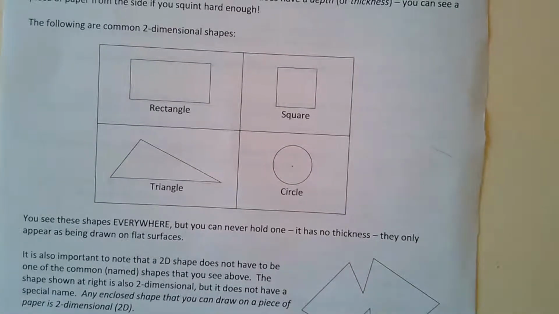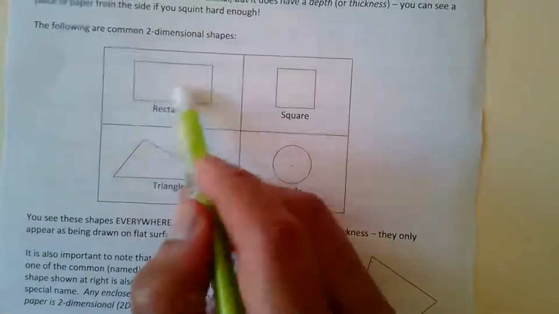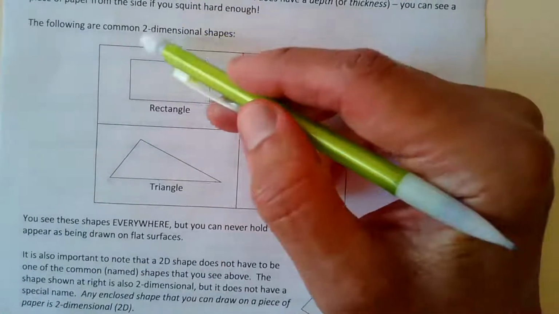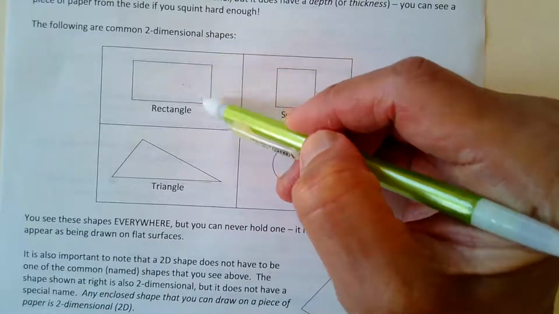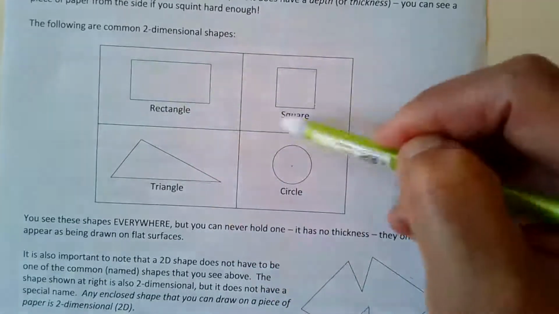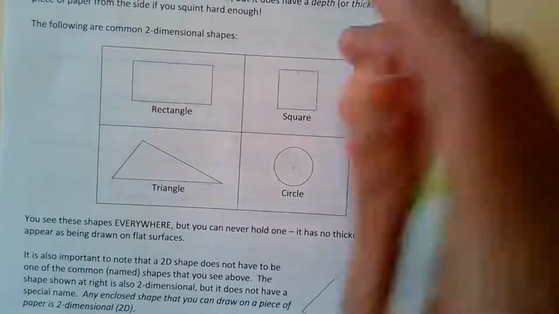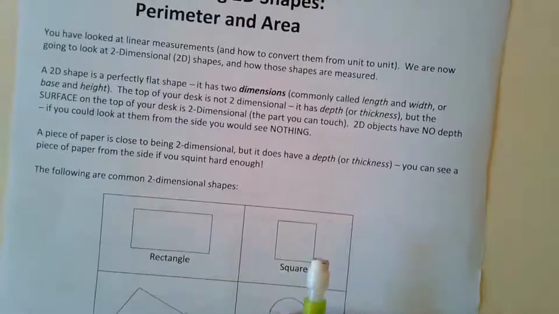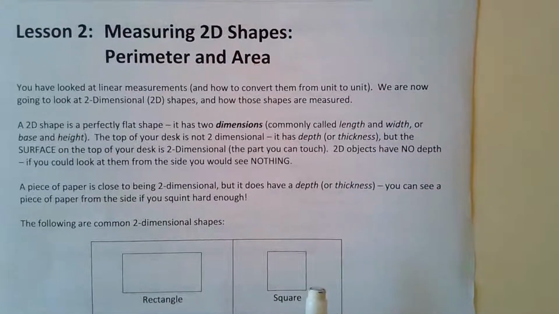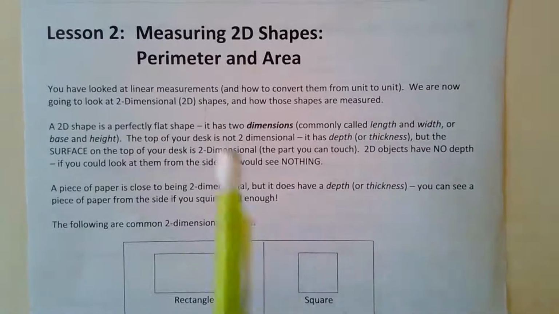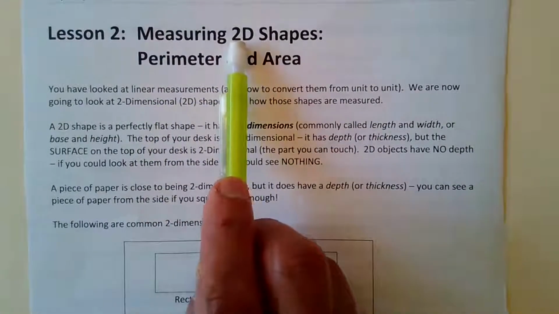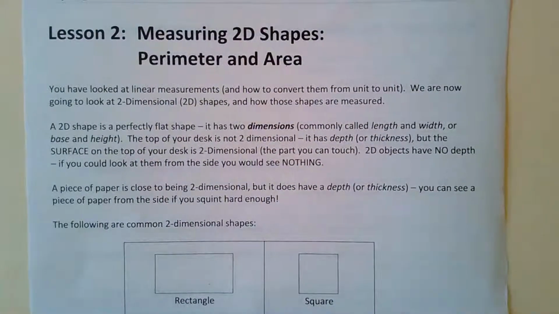How do we go about finding the space in between, called the area? How do we find the distance along these lines, which is called the perimeter? So perimeter and area, that's our intent today, to determine the perimeter and area of 2D shapes.